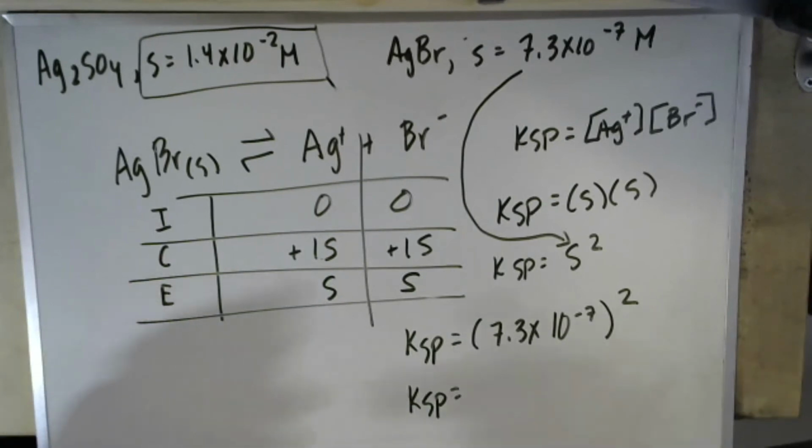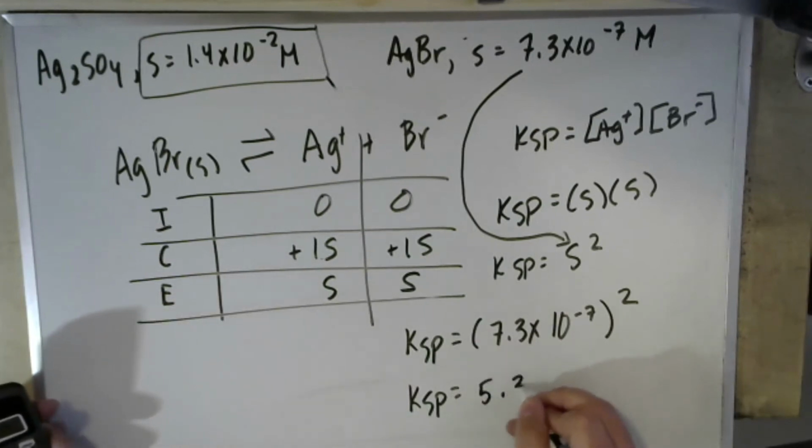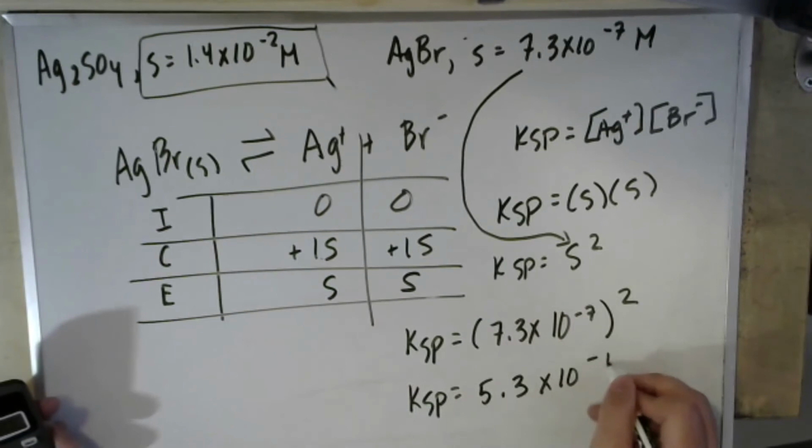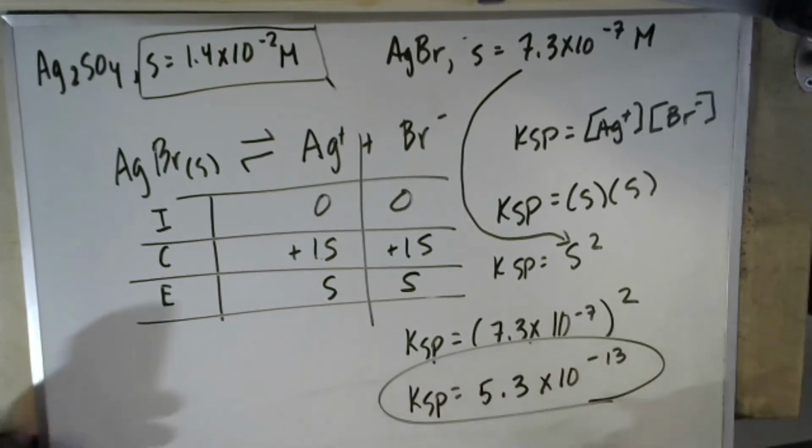Okay, and we get, oops, just erase that. Negative 7 squared. Okay, so that's it. That's KSP and molar solubility. It was pretty straightforward.